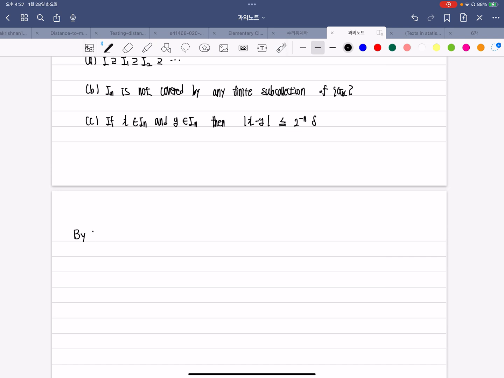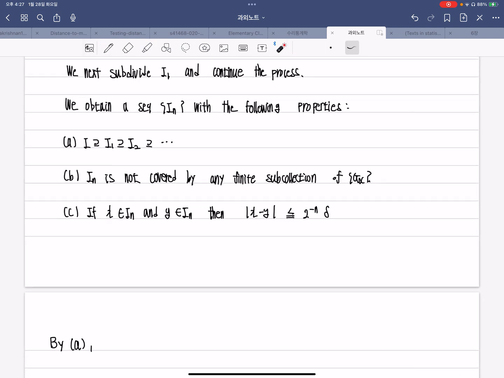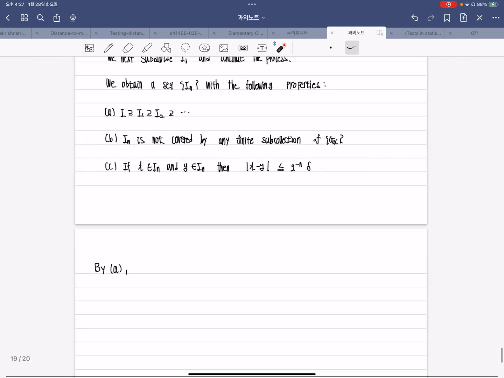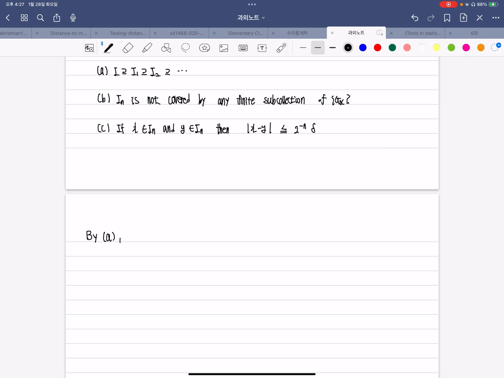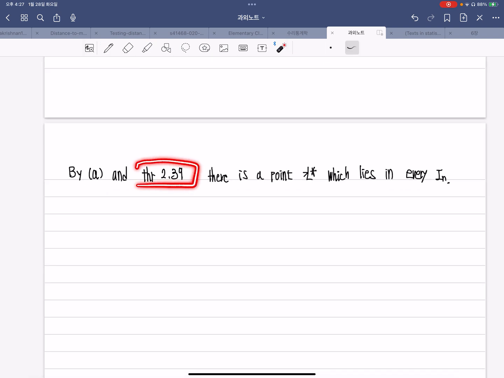By theorem 2.39, there exists a point x star which lies in every I_n. You know that this theorem 2.39 is not handled in our lecture.